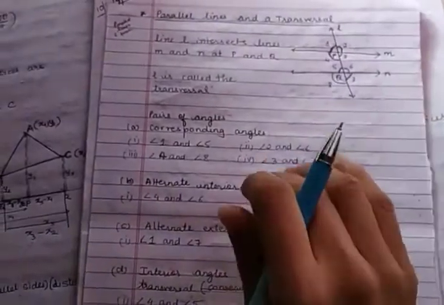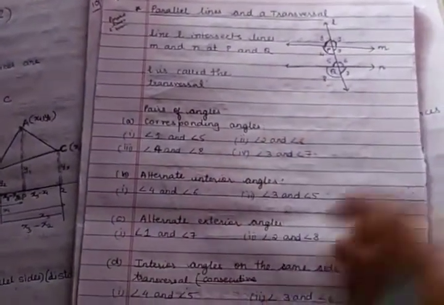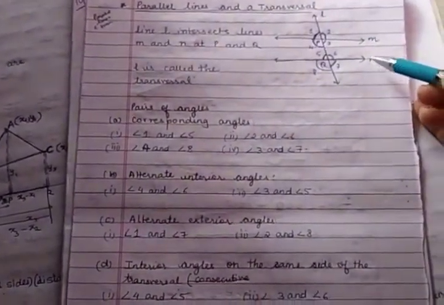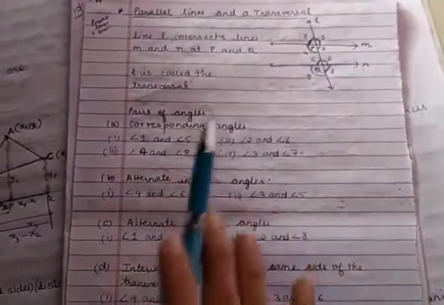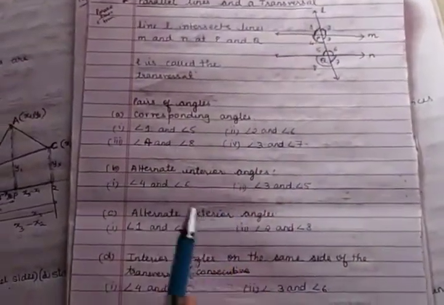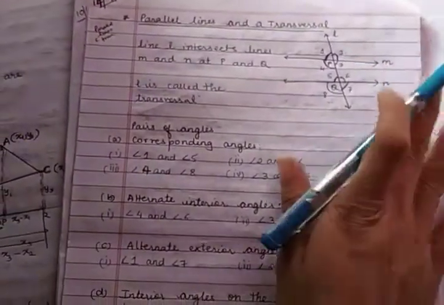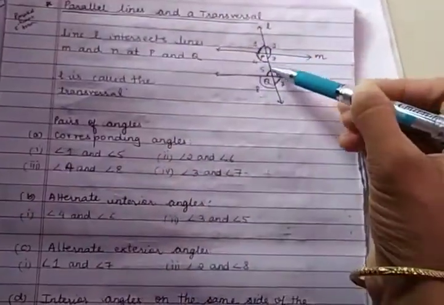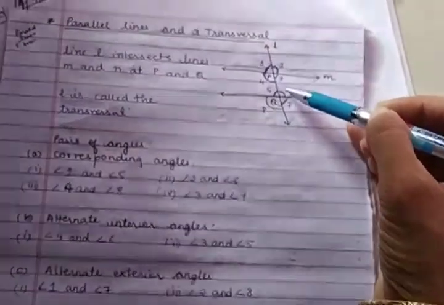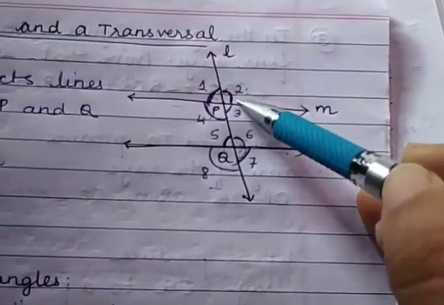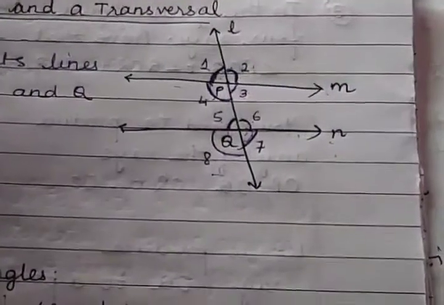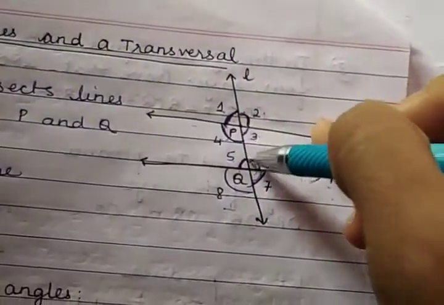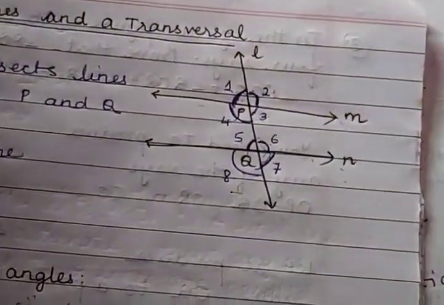You have already learned these things in your 7th standard. It means when you add these angles, the sum will be 180 degrees.